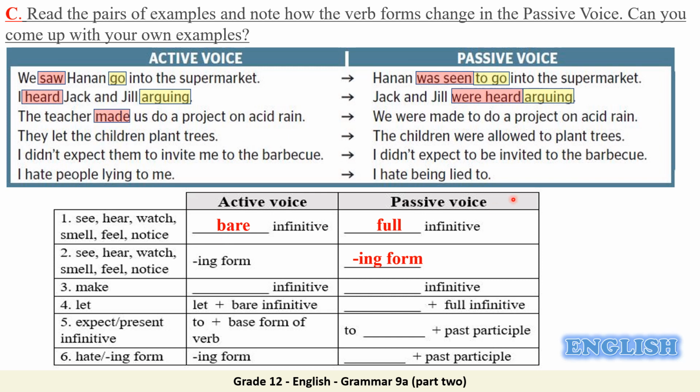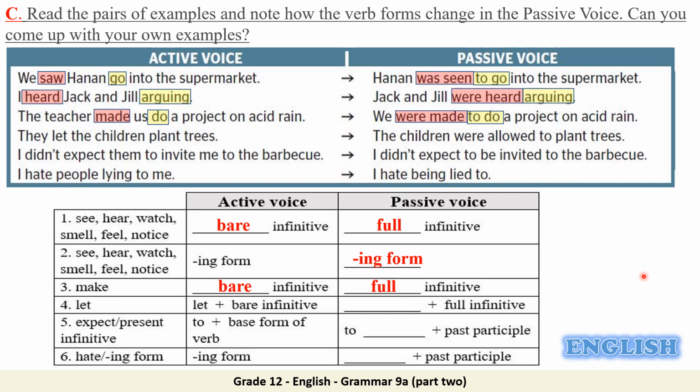Us is the object. It becomes the subject. So it is we were made, past simple tense, passive voice. We were made to do. This means that after make, we change the bare infinitive into a full one. Passive, then the bare infinitive becomes a full infinitive.